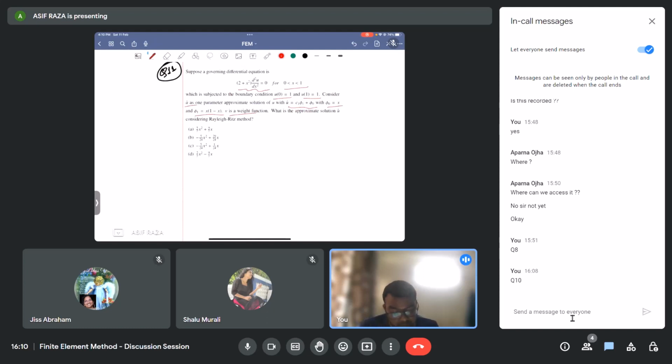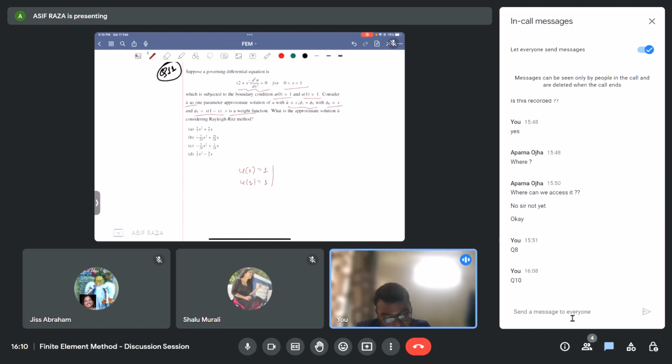What is the approximate solution u bar considering the Rayleigh-Ritz method? Out of these options we can directly observe that we are given the boundary conditions u of 0 equal to 1, u of 1 equal to 1, correct?